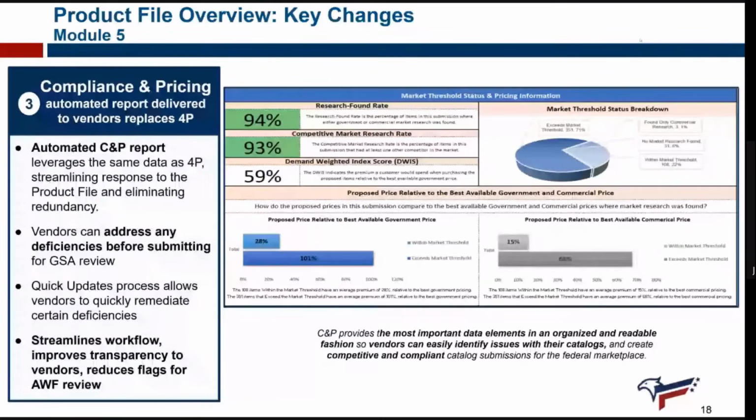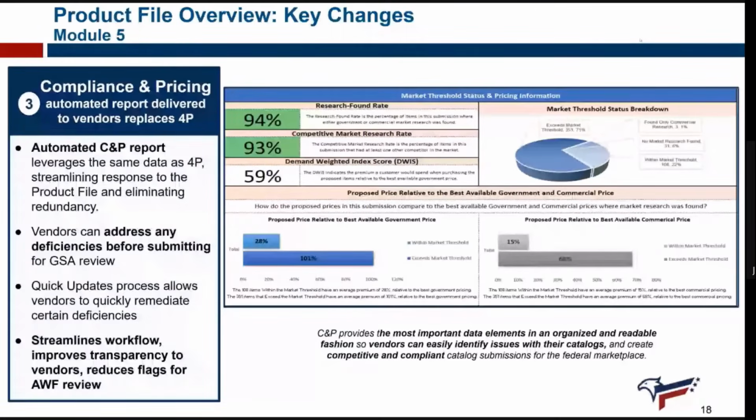Key benefit for the automated CMP report: you as the vendor can quickly remediate certain compliance issues through the quick updates process, again before submitting that to the CSCO for their review. This helps the CSCO see fewer compliance flags, reducing that manual review workload. The workflow is more transparent. So vendors, you can see your compliance status in real time and take corrective actions before submitting that modification.